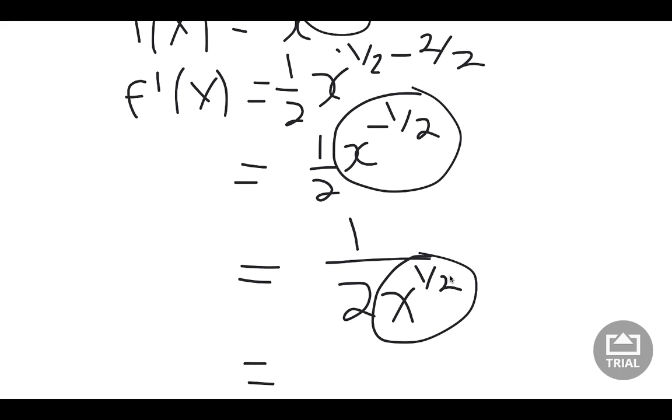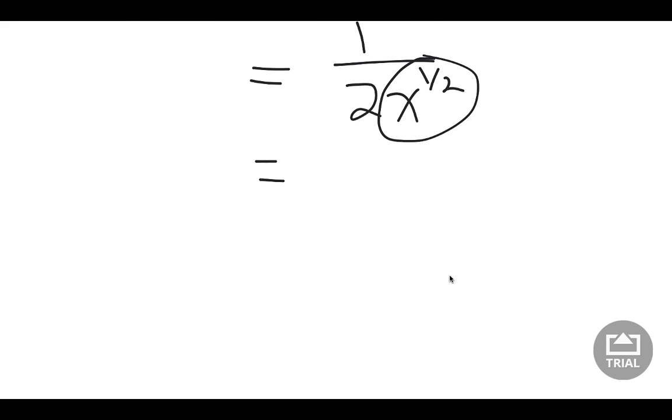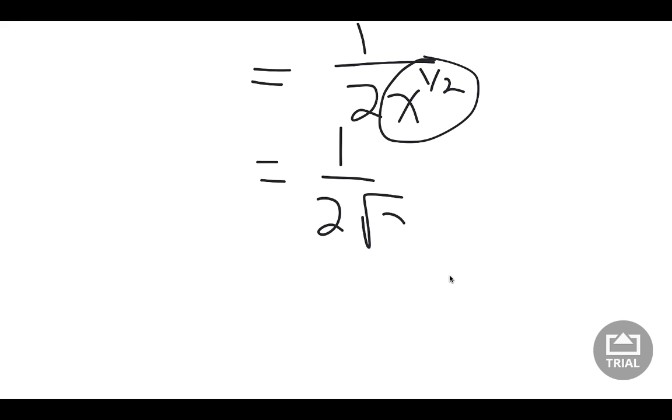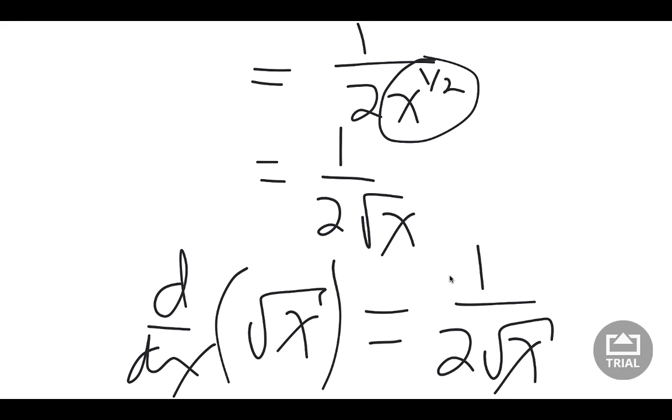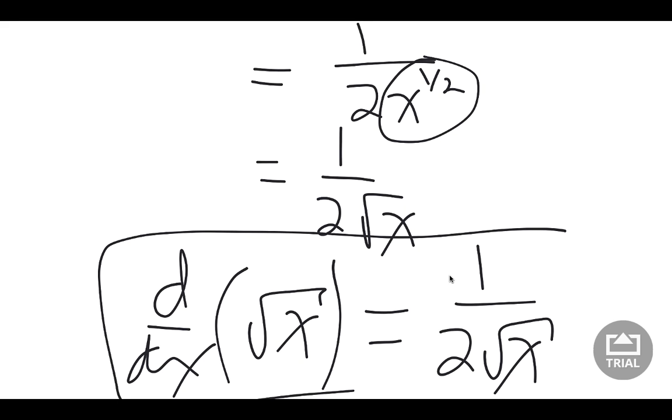X to the 1/2 is root x. So it's 1 over 2 root x. So our rule is then, this is when you're going to want to commit to memory. The derivative of the square root of x is 1 over 2 root x. You do that derivative often enough that you should know that by memory.